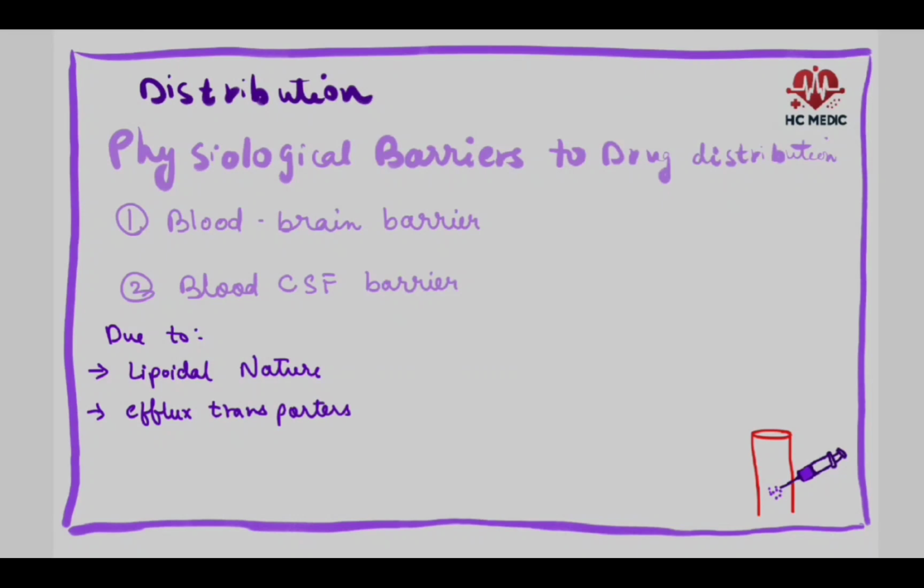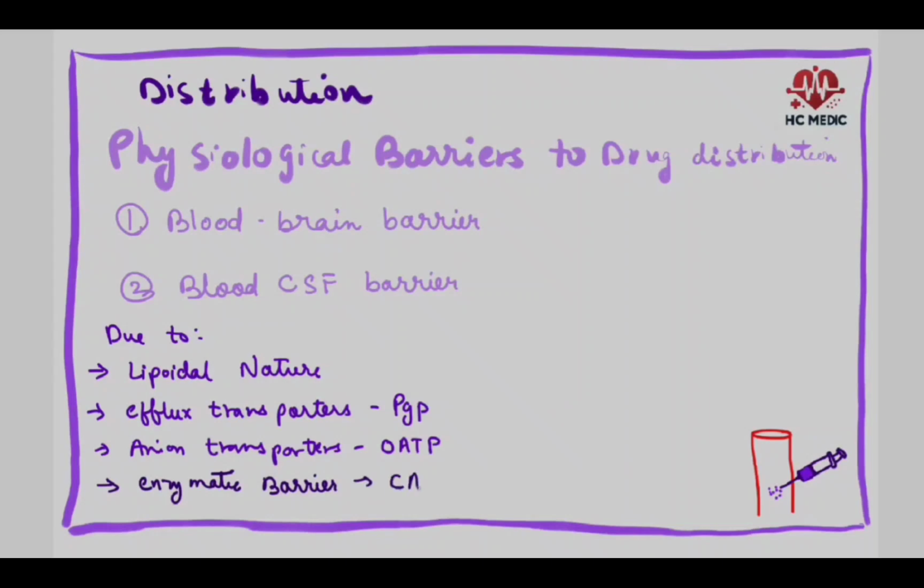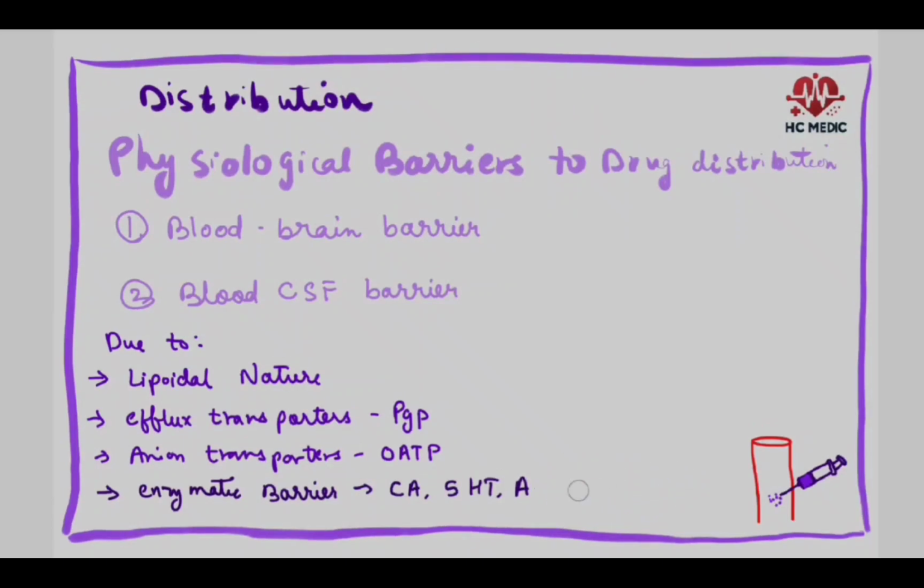This is due to the lipoidal nature of this barrier and the efflux transporters present like P-gp, and anion transporters present like OATP, which is organic anion transporter. Enzymatic barriers are also present on this layer. There are many sites where the blood-brain barrier is absent, and in such areas like the CTZ, the drugs can enter and cause CNS effects, which we generally consider as side effects.